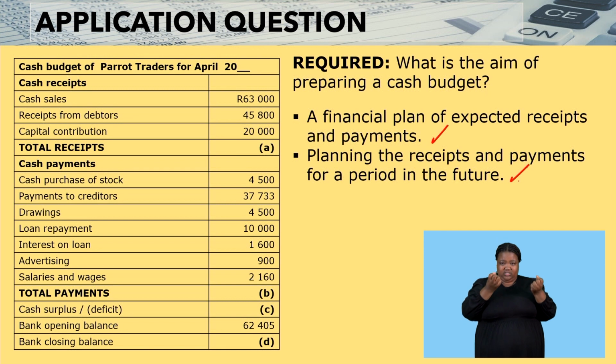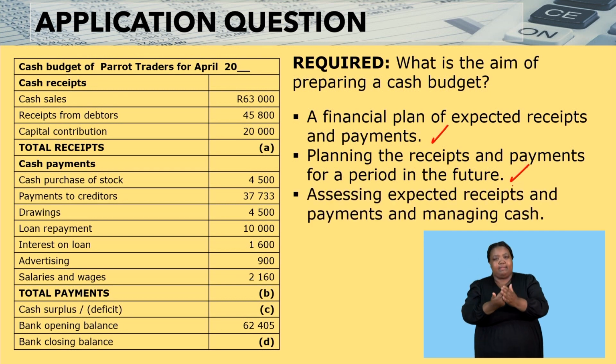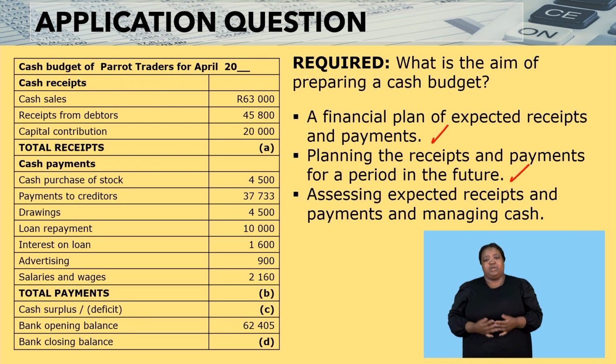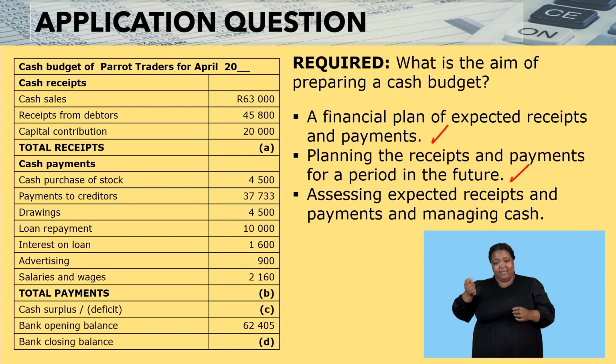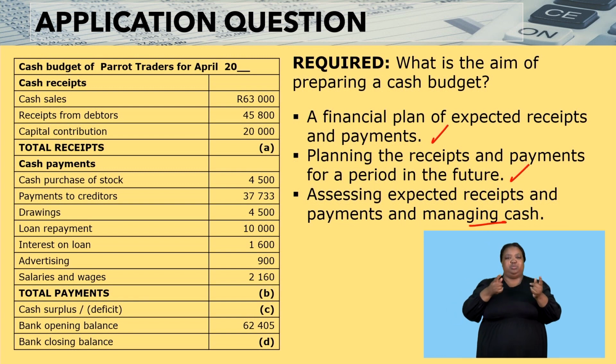The third point, and the last one that I'll give you, is we prepare a cash budget so we can assess expected receipts and payments, and thereby we can manage cash.